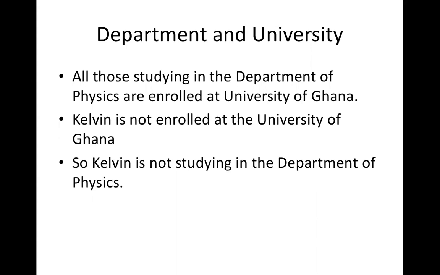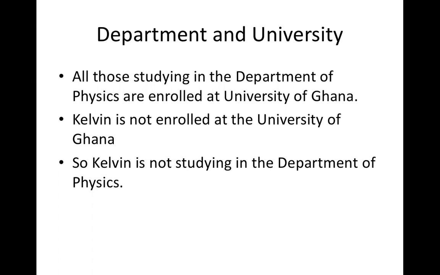Now, the other one, all those studying in the Department of Physics are enrolled at the University of Ghana. That looks a bit more complicated than the other premise. So that is the major premise. And that means that the antecedent is all those studying in the Department of Physics. The consequent is enrolled at the University of Ghana.